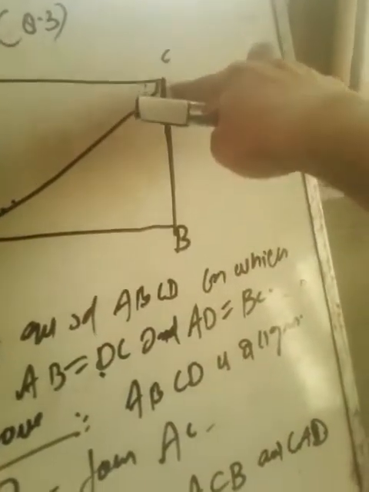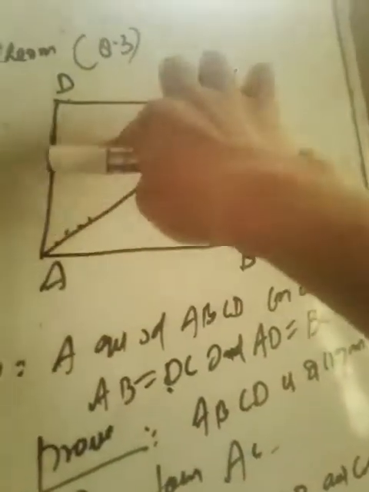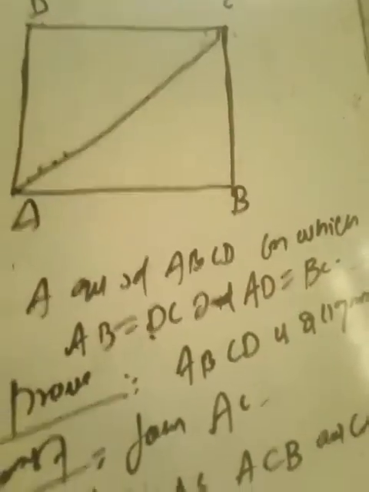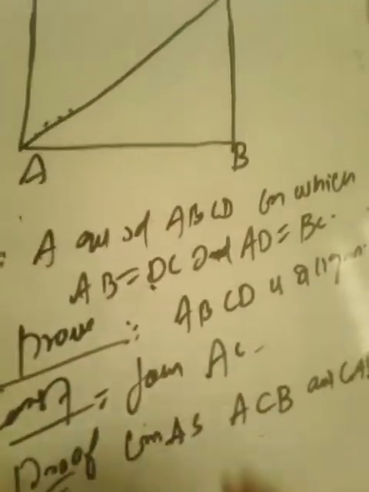It is ACB. When we prove that these triangles are congruent, the vertices should be according to the corresponding vertices, because B corresponds to D.